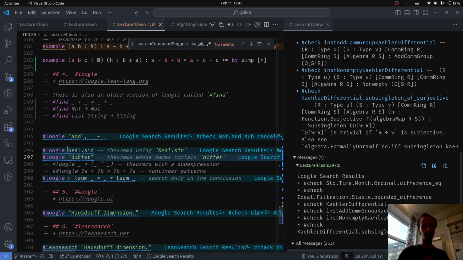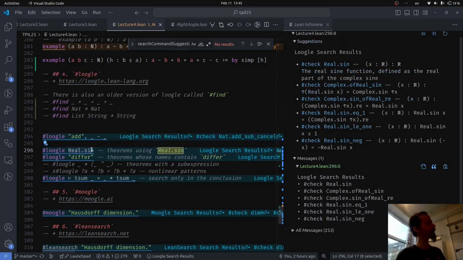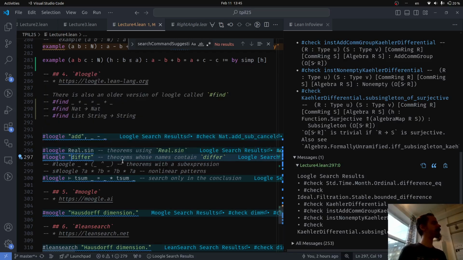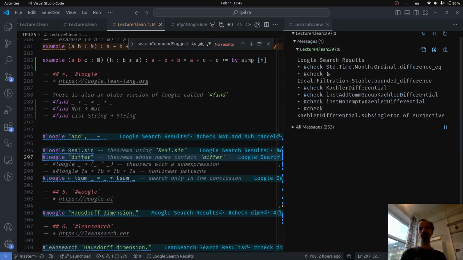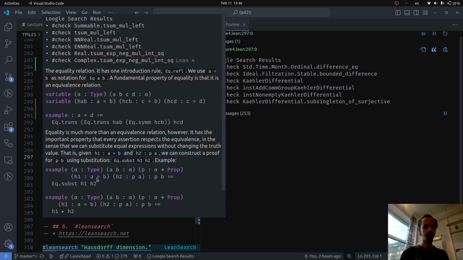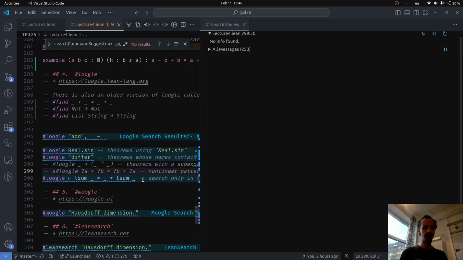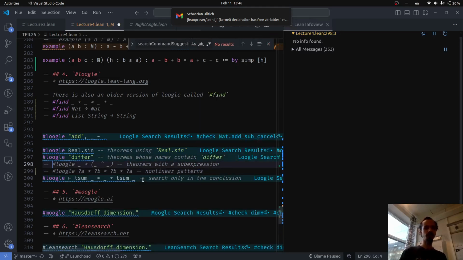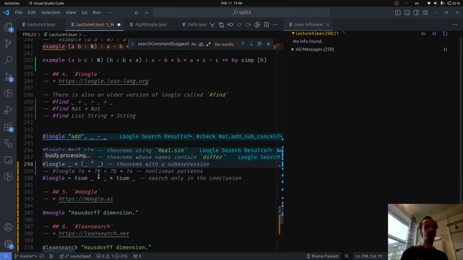Yeah, so you can search by, if you have the name of a constant and you want to search for things containing that constant, you can search for stuff in the name. So like here, if you look at these results, you'll notice that they all have deriv something in them. So these are just theorems that have deriv in some capitalization in them. You can also search by sub-expression, so like you can say times, this thing.